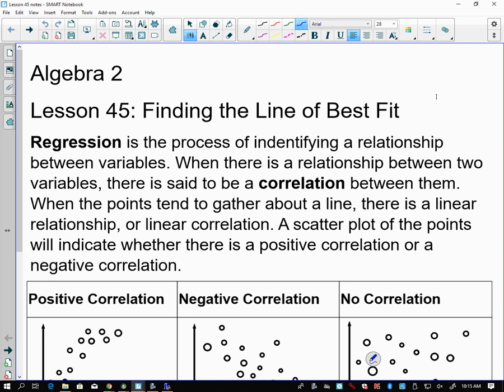Okay, so regression is the process of identifying a relationship between two variables. Now, sometimes two variables are directly related to each other. For instance, temperature to swimming trunks, right? As the temperature goes up, the number of swimming trunks does what?